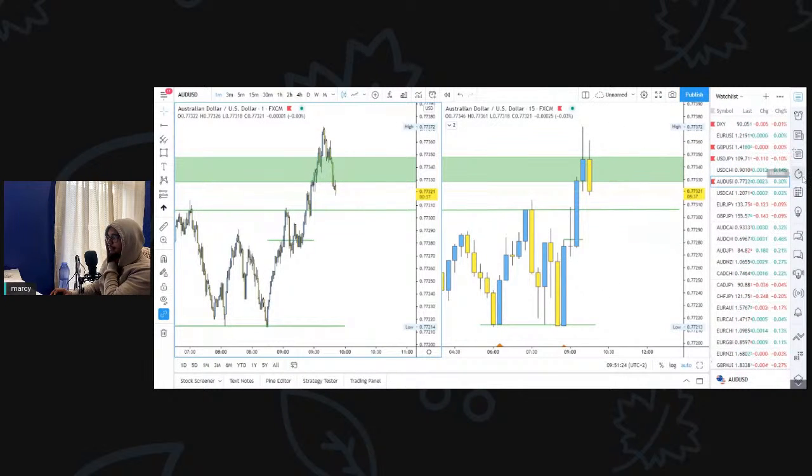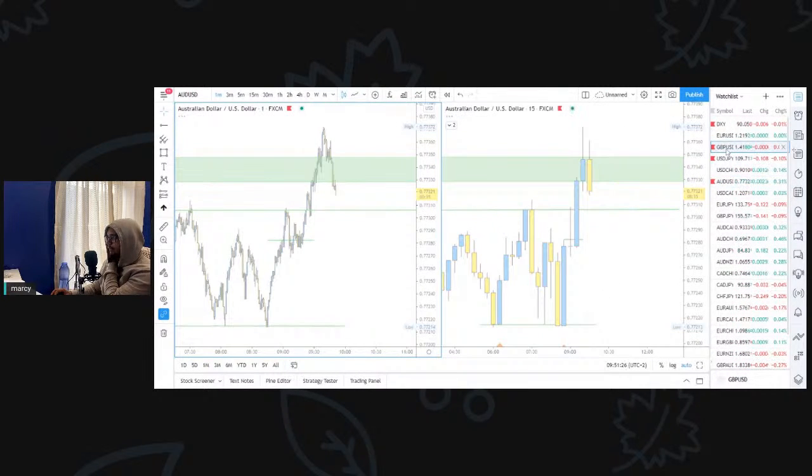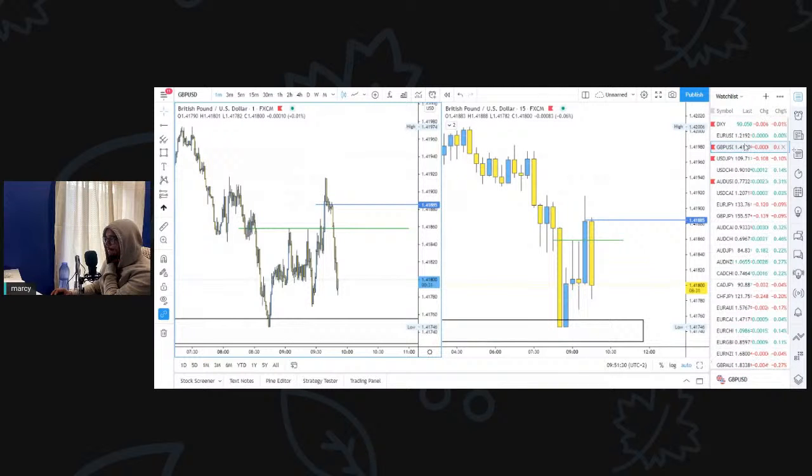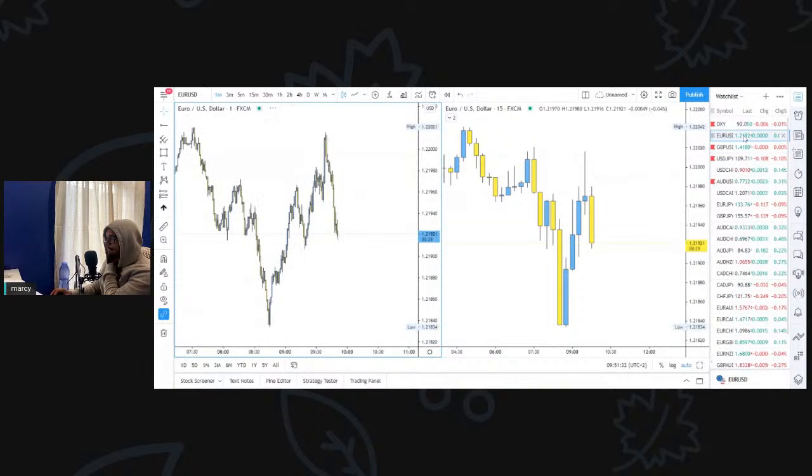AUD would have been stopped out at break even if you did take it. Double top.